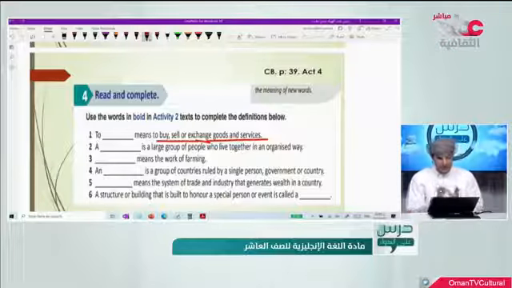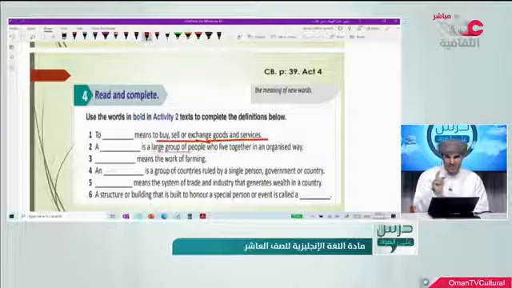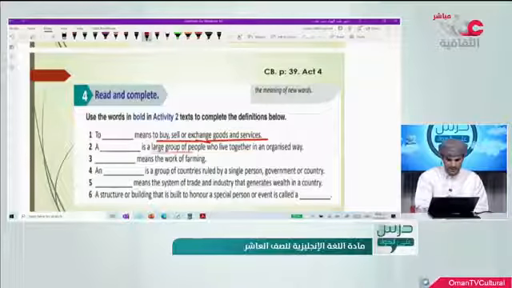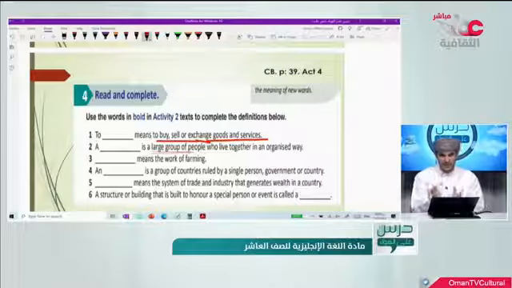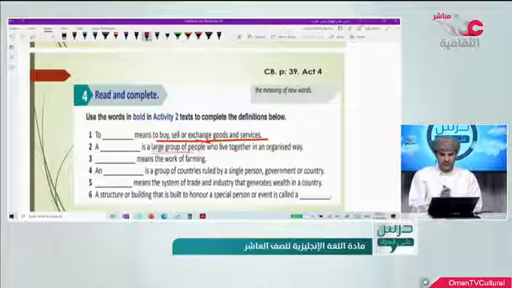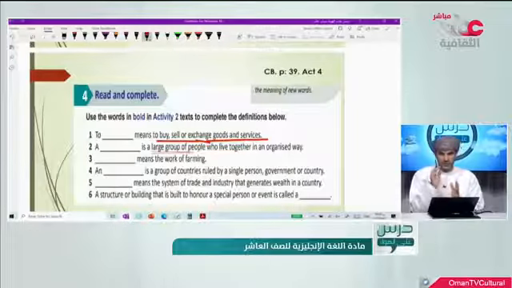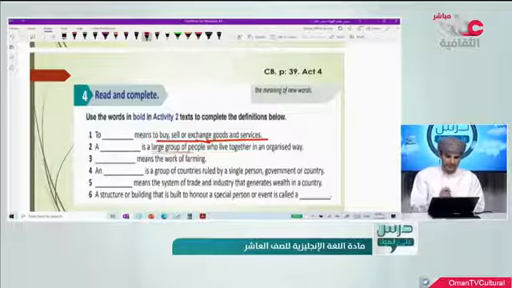What is a large group of people? We talked about this before. Remember, who live together in an organized way. What do we call these places? It's important to know. Do you need a verb or do you need a noun?